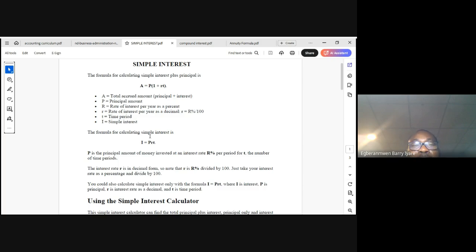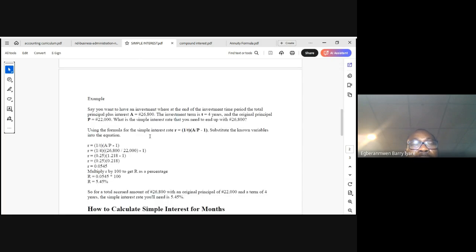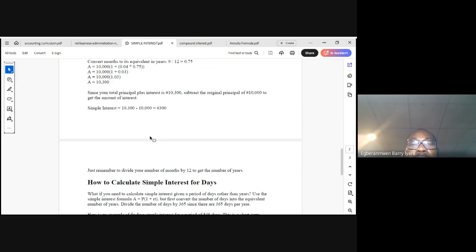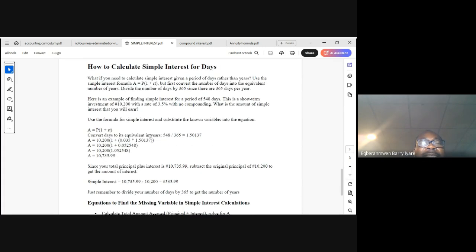So from our question, what you will get is interest I equal to P. P is 10,200.